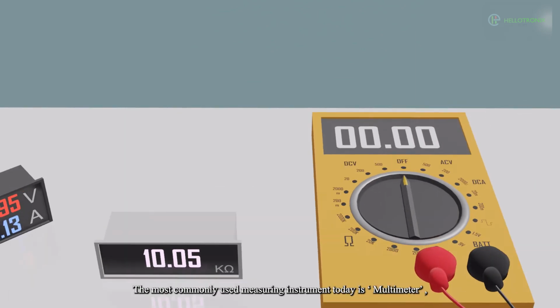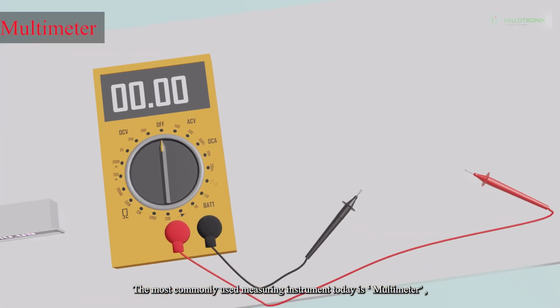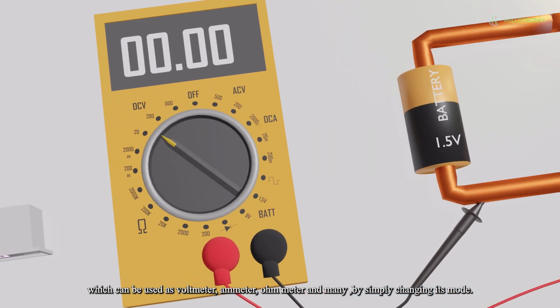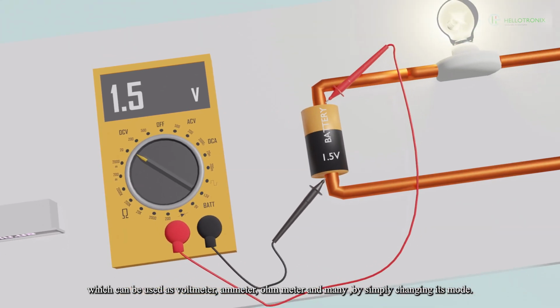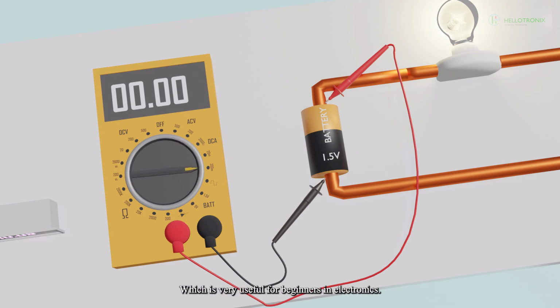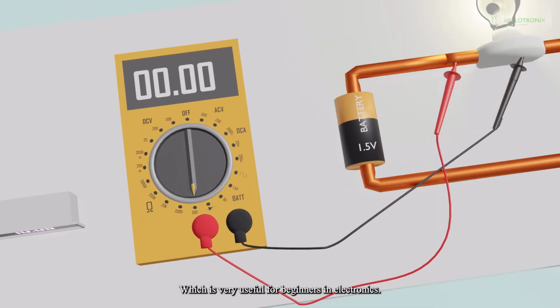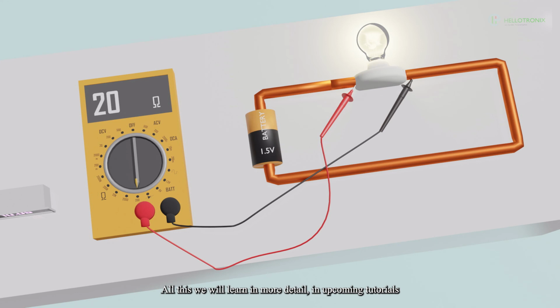The most commonly used measuring instrument today is multimeter, which can be used as voltmeter, ammeter, ohmmeter, and many more by simply changing its mode, which is very useful for beginners in electronics. All this we will learn in more detail in upcoming tutorials.